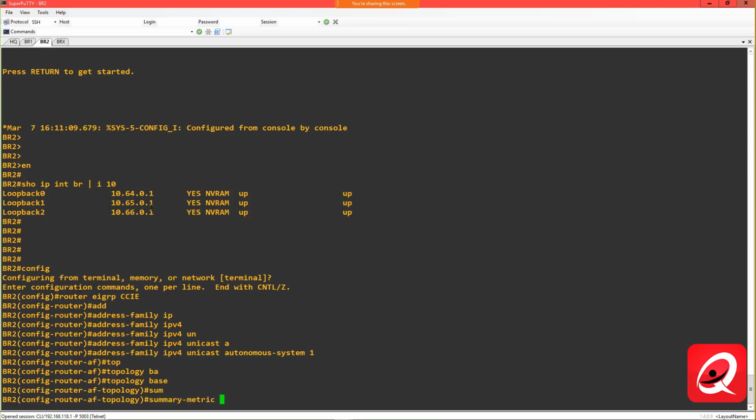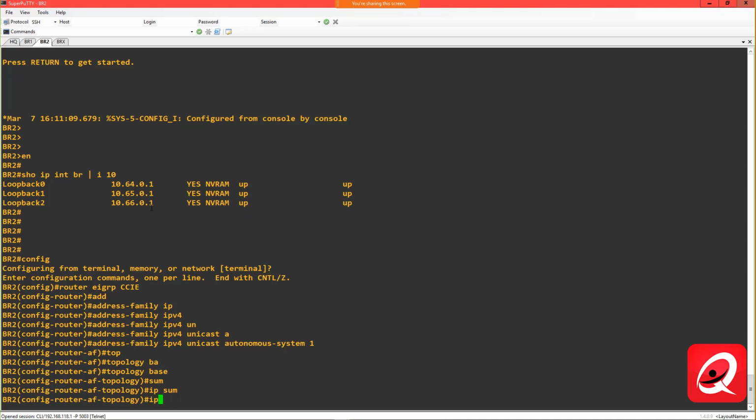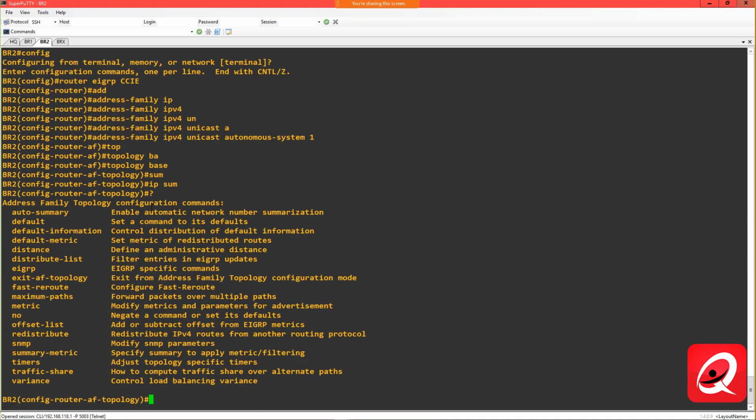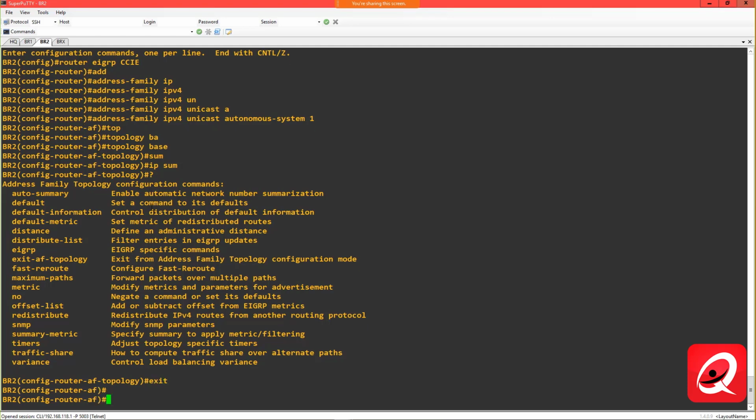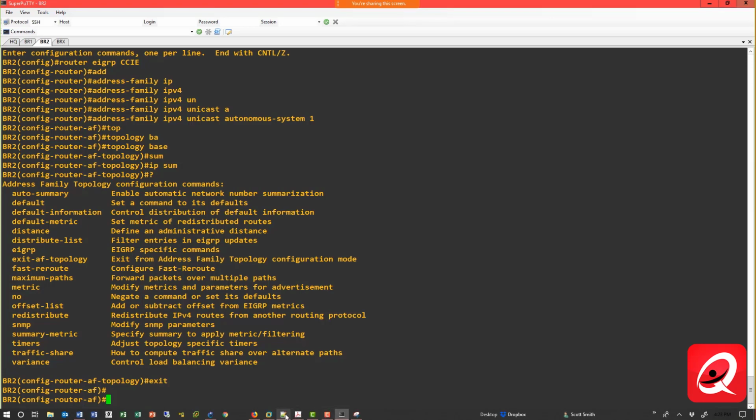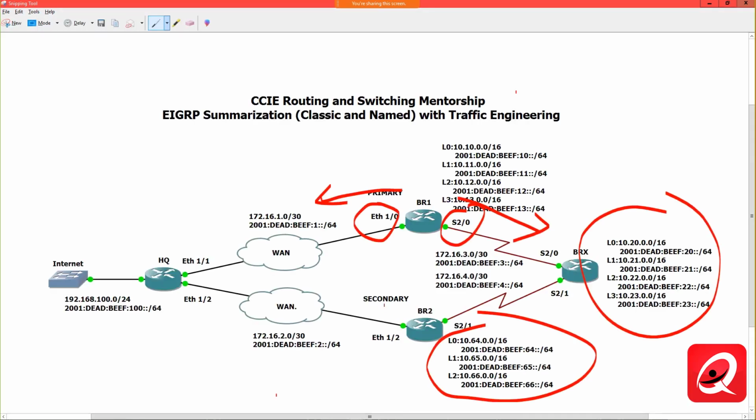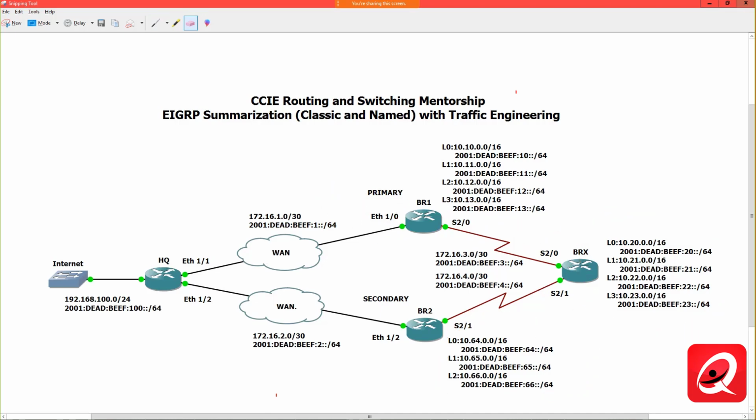So we're going to do our summary address, IP summary. That's strange. Why am I not? Oh, excuse me. I'm going to talk about the summary metric command in a little bit. Actually, because we're applying summaries, just like we always do in EIGRP, the summaries are going to be applied to the interface as opposed to the topology base. Summary metric we'll talk about later.